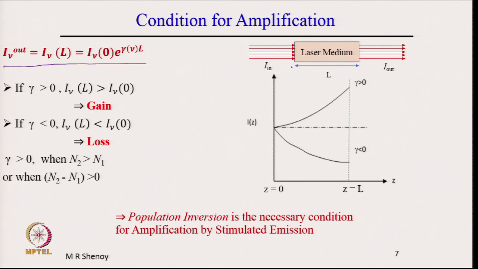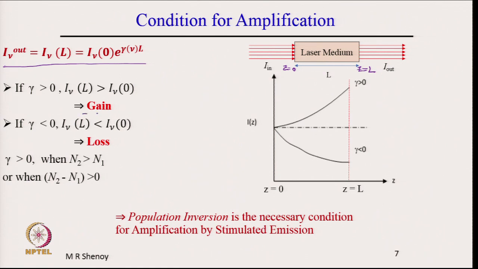So, this is the input, z equal to 0 is here, and this is z equal to L. Therefore, I_out is equal to I_ν(L), which equals I_ν(0), the input intensity, into e to the power of γ(ν) into L. If γ is greater than 0, then I_ν(L) is greater than I_ν(0), that is the output is greater than the input if γ is positive.